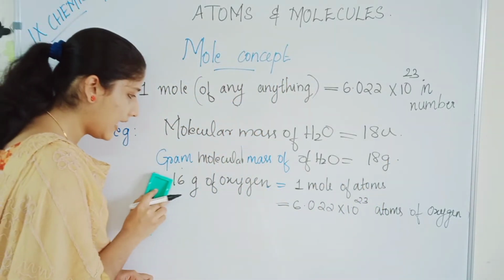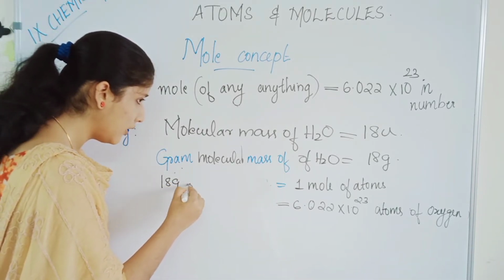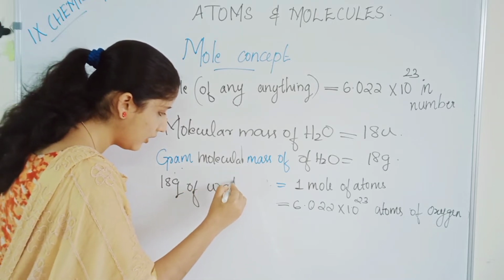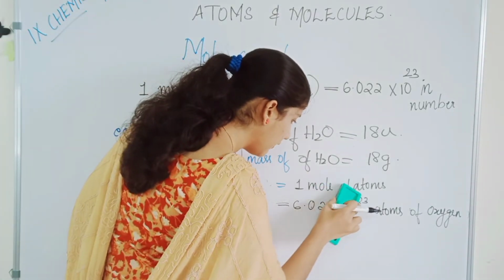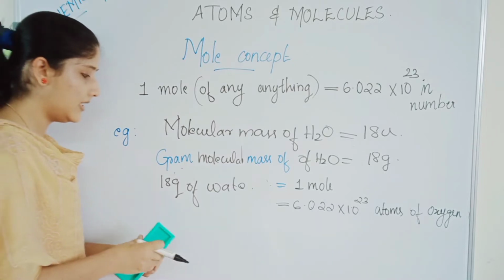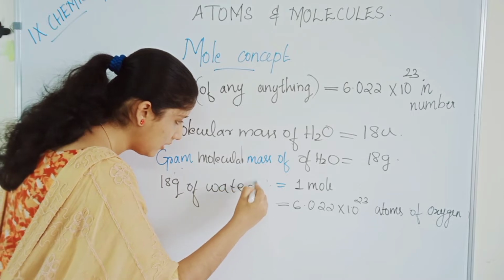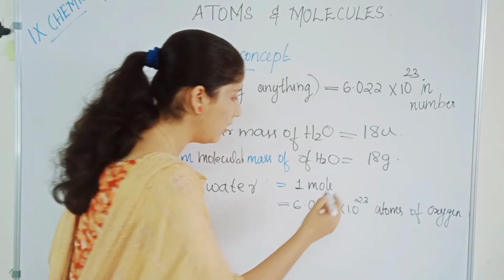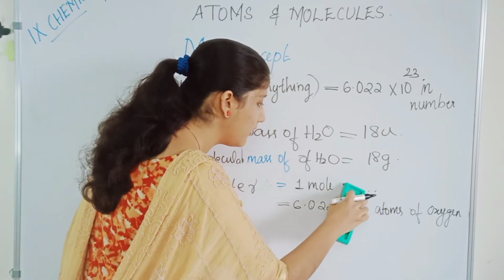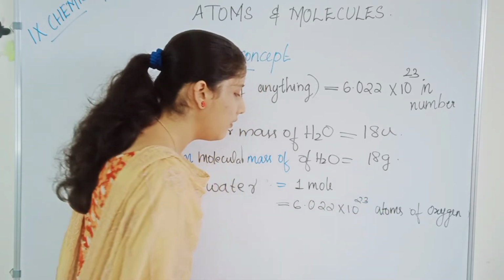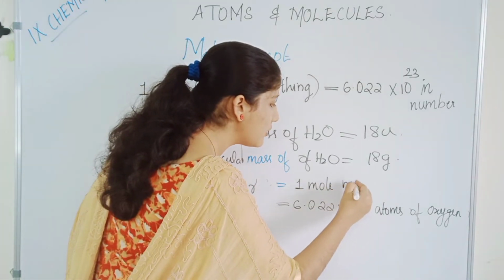So 18 gram of water or H2O has 1 mole of molecules, or 1 mole molecules of water, we can say. 18 gram of water has 1 mole molecules of H2O.